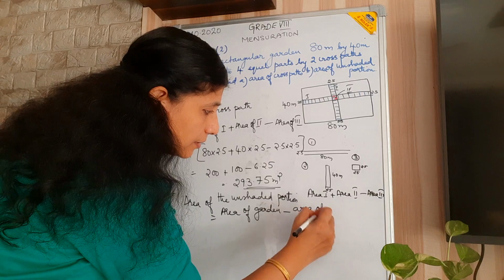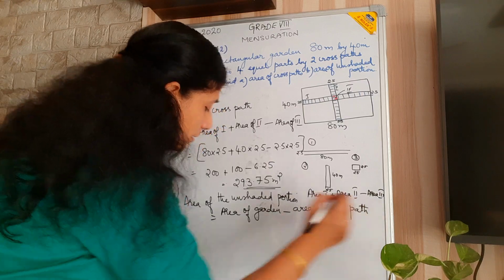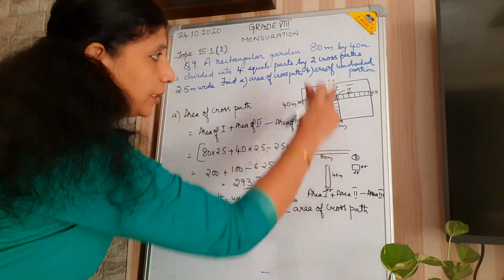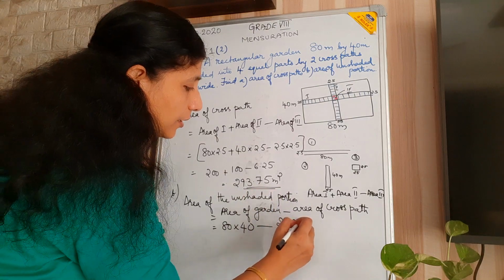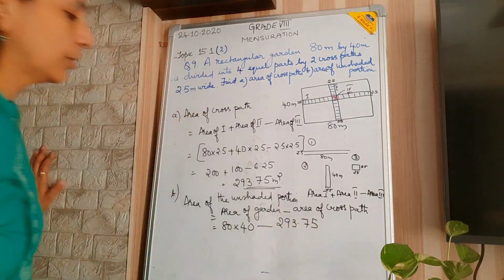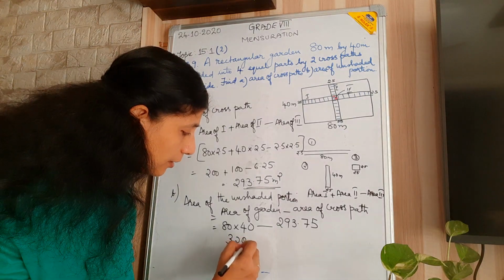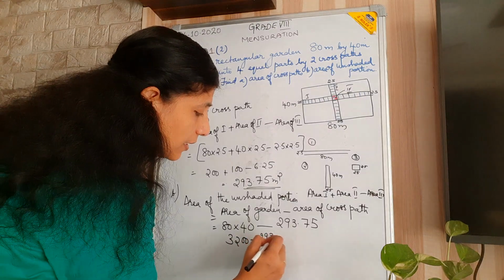What is area of garden? The garden area is 80 into 40, length and breadth, minus how much you have calculated? 293.75. So 80 into 40, 8 4s are 32. So 3200 minus 293.75.